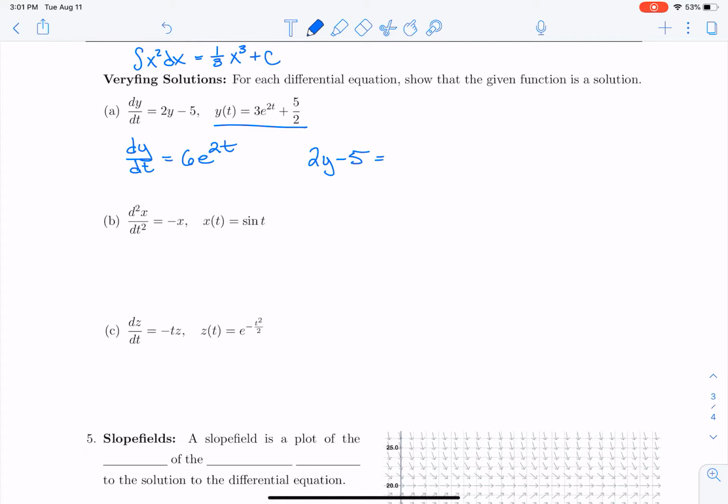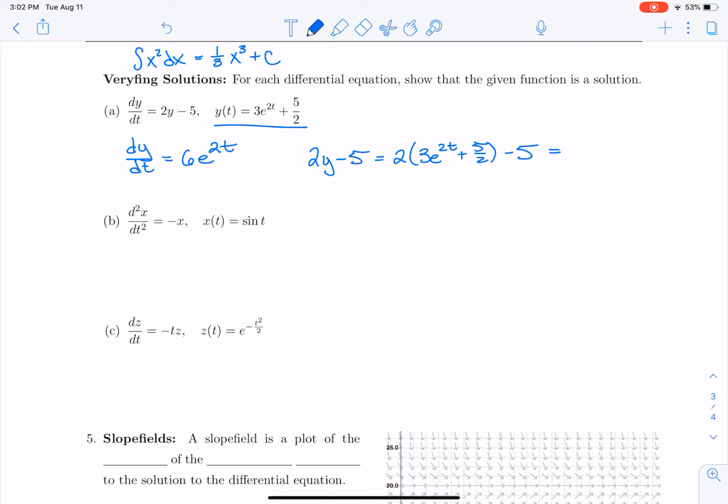And so I've found what the left-hand side of the differential equation is. I want to now know what the right-hand side is, 2y minus 5. So that's 2 times (3e^(2t) plus 5/2), and then I'm going to subtract 5.